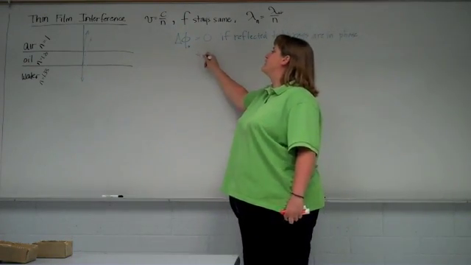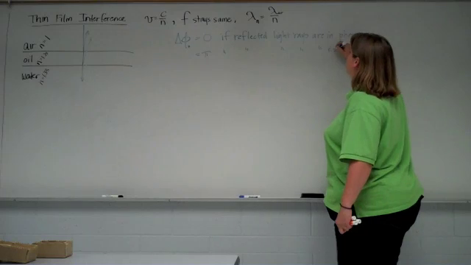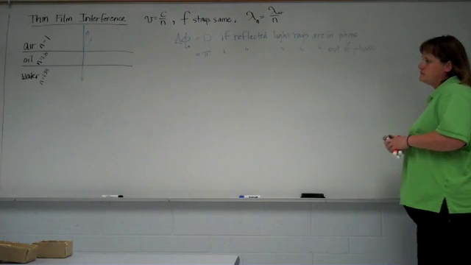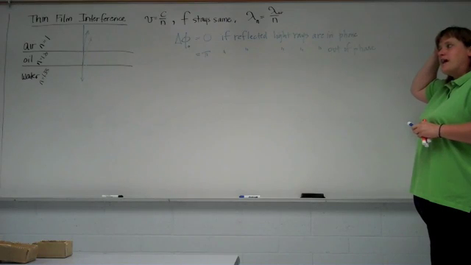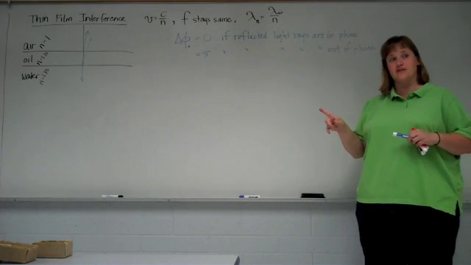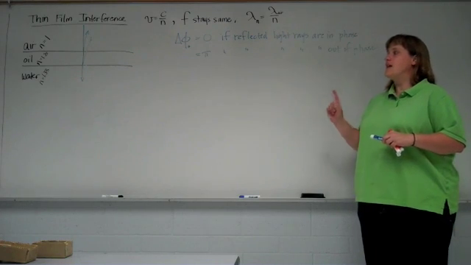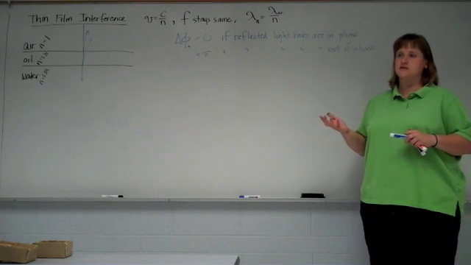It'll be pi if out of phase. Now keep in mind, when a wave reflects off a boundary, if the boundary is rigid, the wave inverts upon reflection. It has a phase shift. If a wave reflects off a loose boundary, it does not invert.